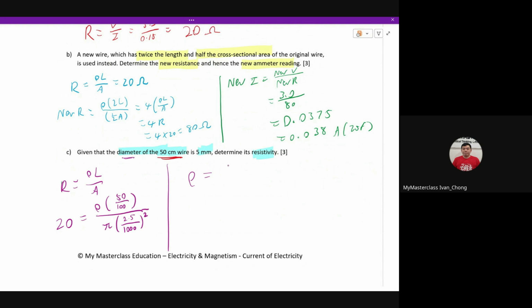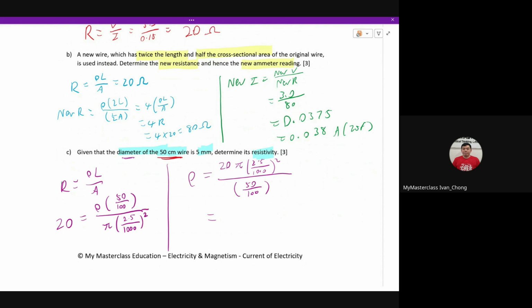So basically you have your 20 times pi times 2.5 over 1000 squared over. Now, why am I keeping everything as it is? Because if you were to press the calculator itself, you keep having weird numbers because of the pi. So we try to keep it as it is so that you will get a more precise answer.